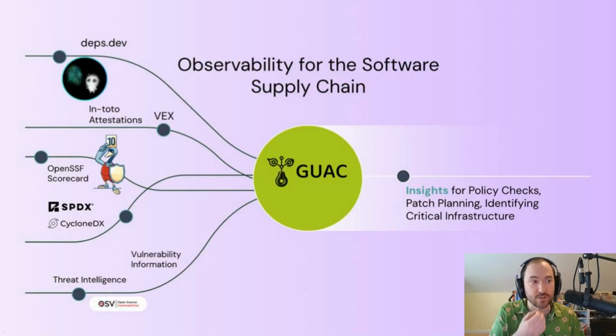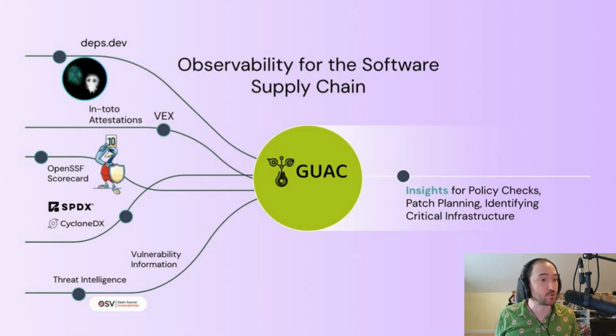And so what you can do is pull in software bills of materials and enrich them with data like data from deps.dev, which is an open source dependency database coming from Google, and things like in-toto attestations, right? So things like SLSA for folks who are familiar with SLSA. And then if you have vulnerabilities, let's say you're pulling vulnerabilities in from OSV or a similar data source, GitHub or whatever it may be.